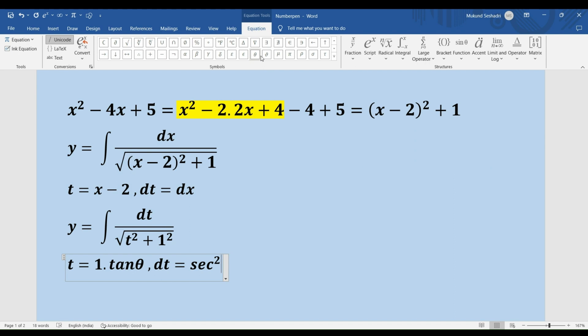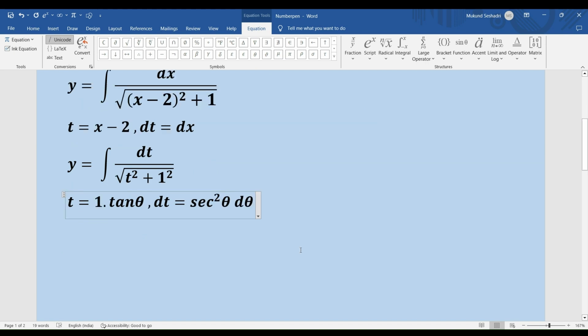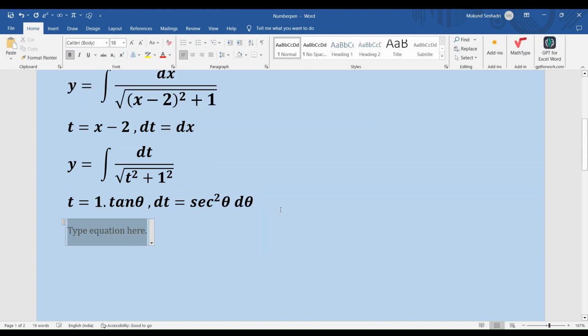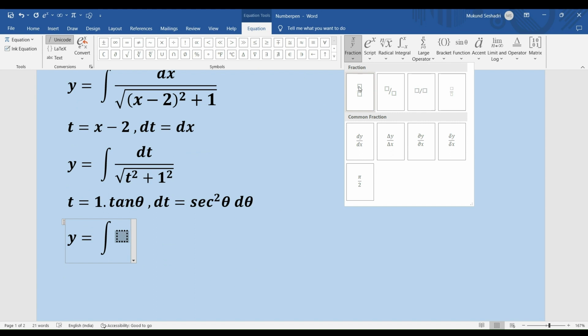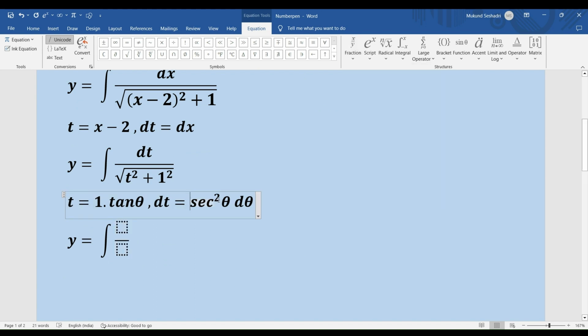So what happens to my y now? I go back to my y and try and represent everything in terms of theta, right? So let's do that in the subsequent step. My y becomes integral of my dt, which is there in the numerator, becomes secant square theta d theta.